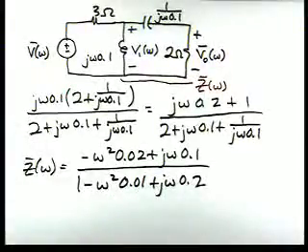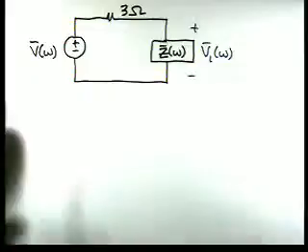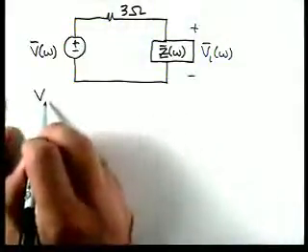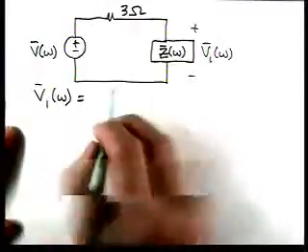So now we can draw a simplified circuit showing that impedance combination. So here's our circuit now. Now you can see V1 of omega on our diagram. So now let's use voltage division to express V1 of omega in terms of V of omega.